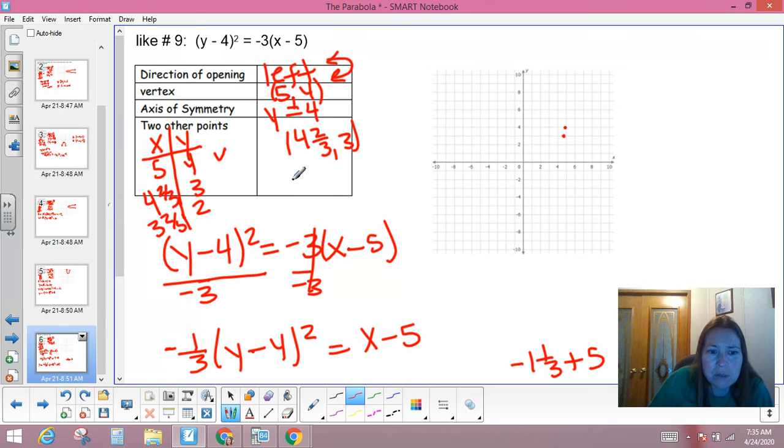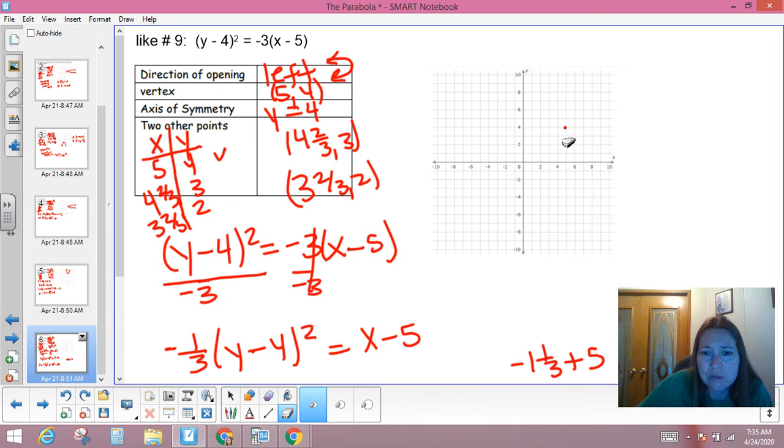And then we want 3 2/3, 2. Oh, y'all, that wasn't 4. That was 3 2/3. Oh, no, it's not. I'm really losing my mind. 4 2/3 and 3 is here. Now we're going 3 2/3 and 2 is here.